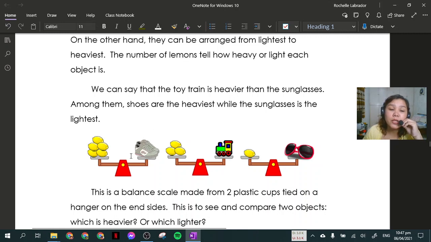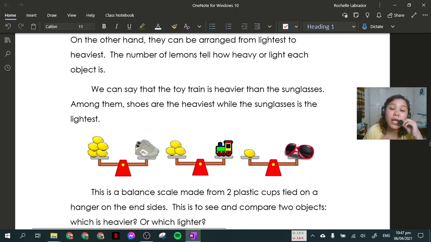For the shoes, its weight is equivalent to 5 lemons. The toy train is equivalent to 3 lemons, and then the sunglasses, its weight or its mass, is equivalent to 1 lemon. So these are arranged from heaviest to lightest.